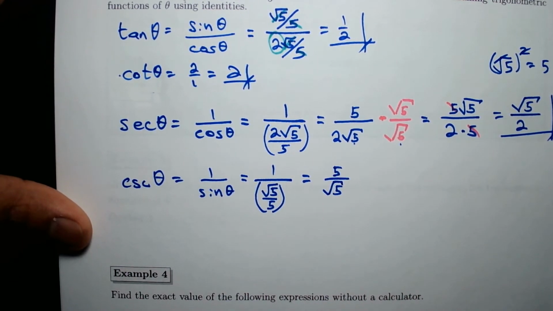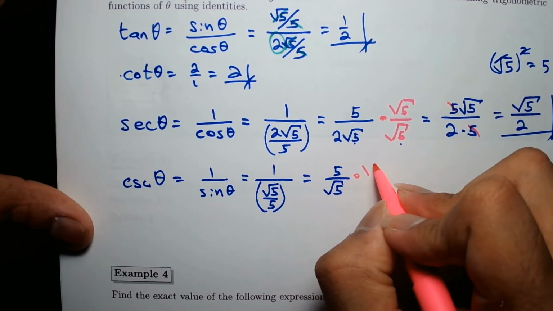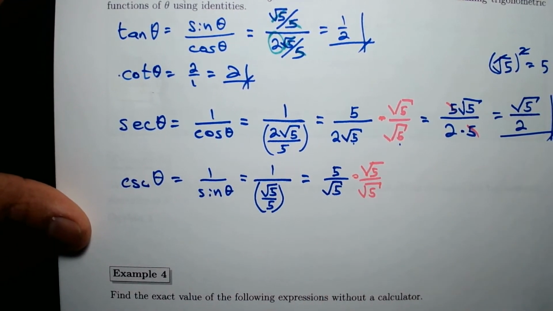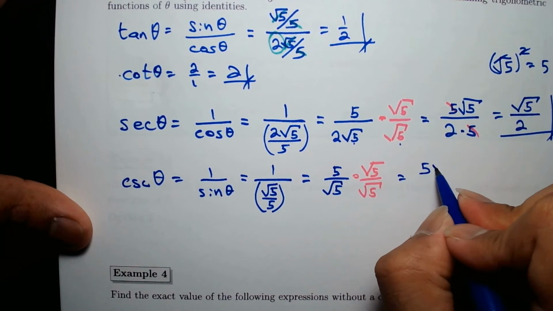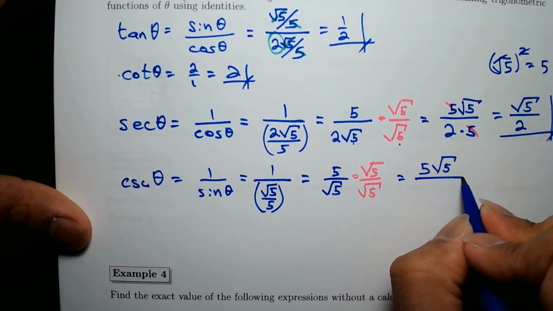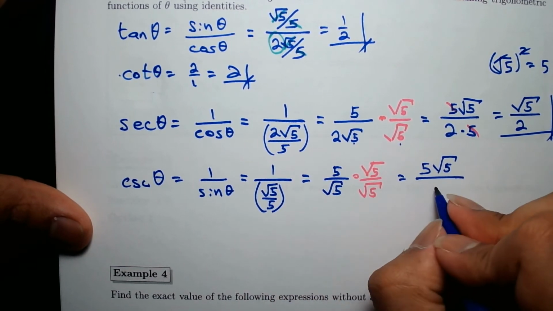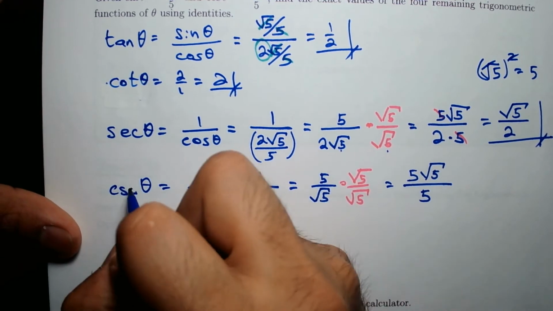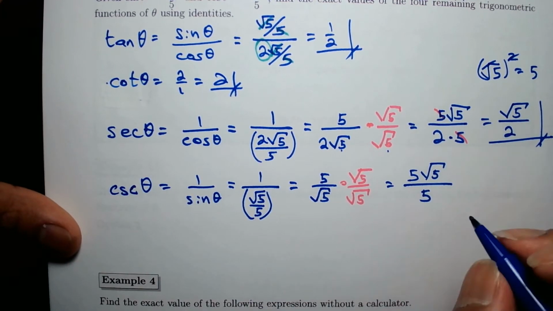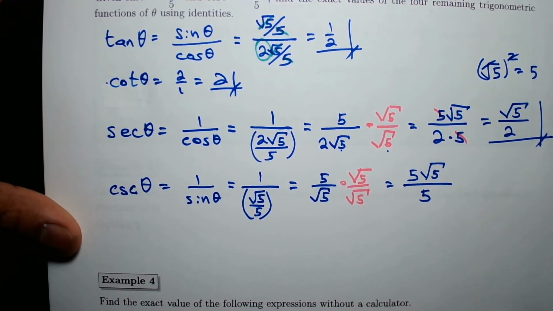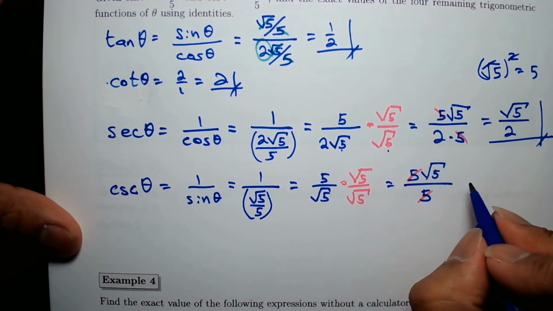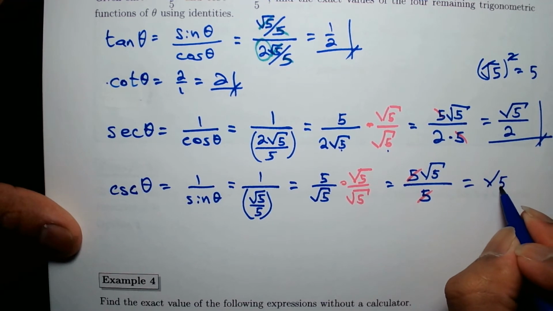Again, you might want to rationalize the denominator. 5 root of 5 times itself is 5, for the same reason as in the previous part of the example. And again, we have the very same situation in which we can cancel these 5s. So final answer, square root of 5.